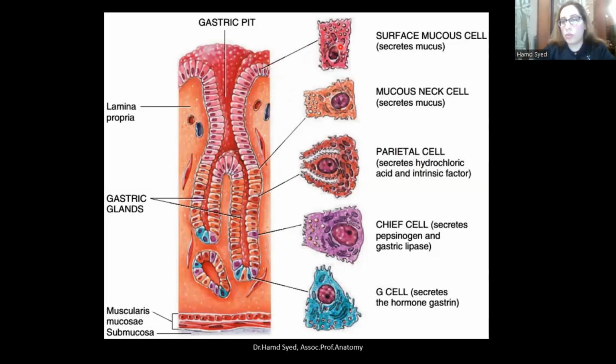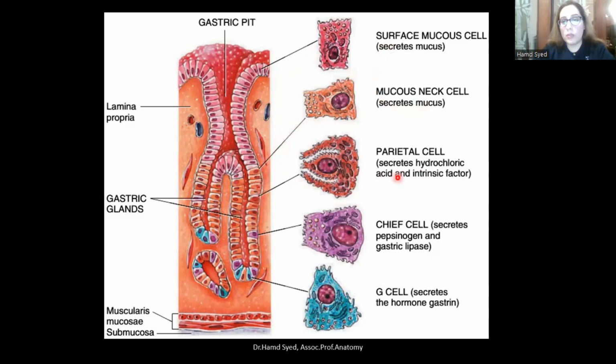This is the cell type which is secreting mucus. And then as we come to the region of the gastric gland, we can see in its isthmus the mucous neck cell, which is also secreting mucus. But like I said, this mucus is less alkaline in comparison to the mucus which is produced by the surface mucous cells. Then we can see these prominent parietal cells.